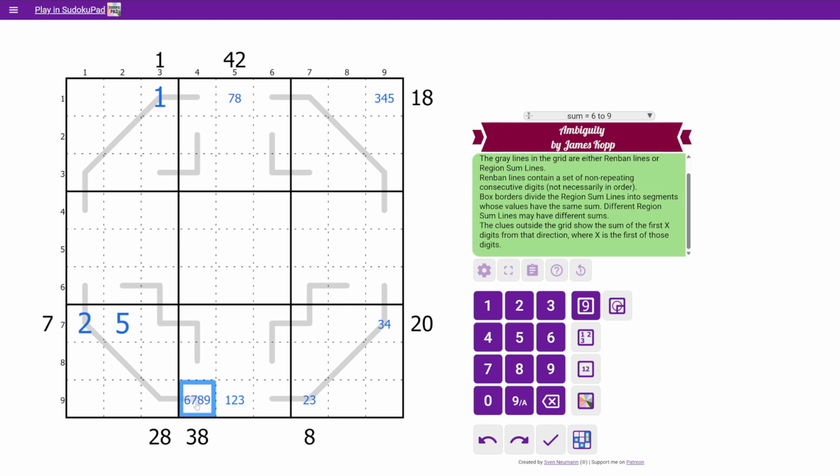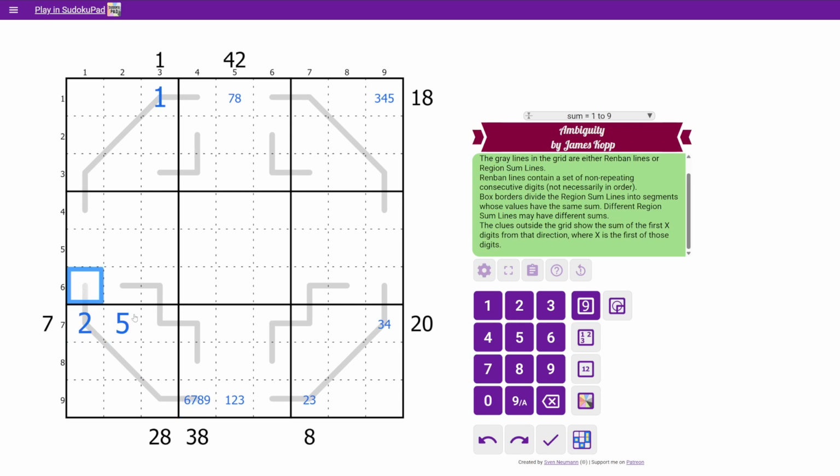So if it wasn't for this pesky 6, then I would know it's a region sum. But it can reach 6 just barely. If it was 2, 3, 4, and then 5 up here, and then 6.